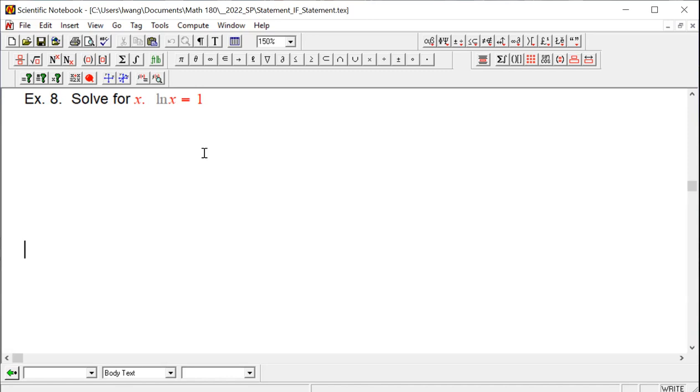So now, solve for ln x. What does that mean? Same thing, right?